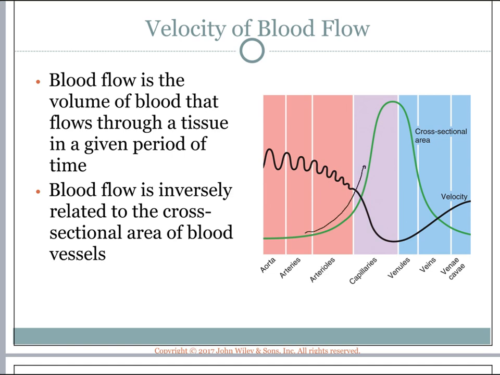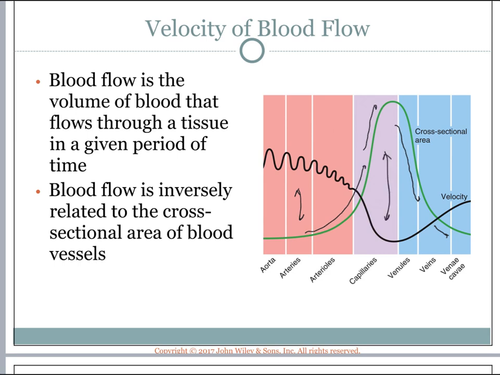Those massive capillary beds give you this extraordinarily large cross-sectional area. And then as we move into our veins, into our vena cava, that cross-sectional area again decreases. So again, we see that the velocity of blood is inversely, so it's the opposite, related to the cross-sectional area.